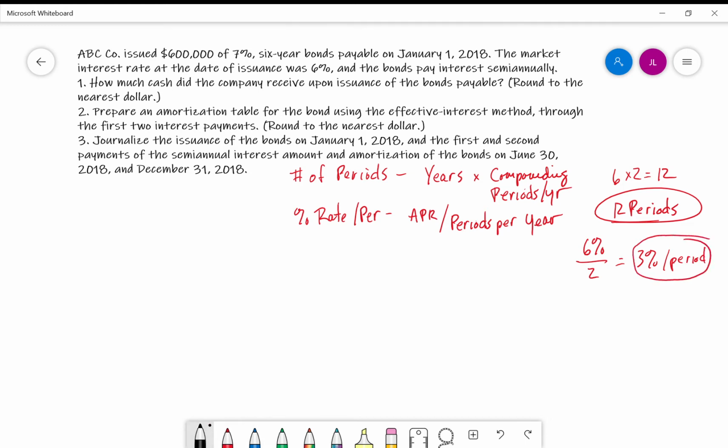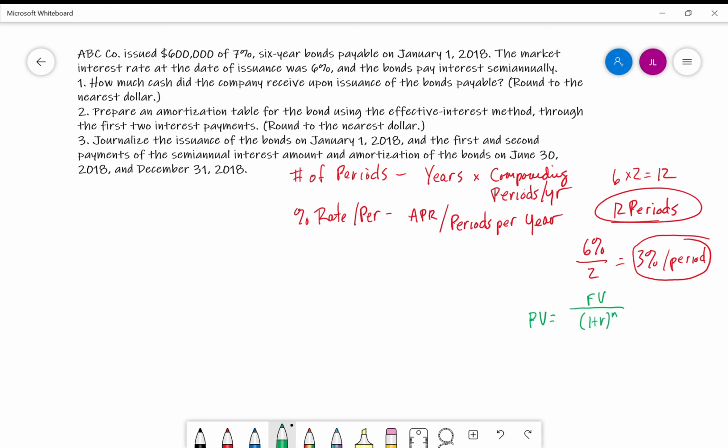Now, number one says how much cash did the company receive upon issuance of bonds? And the way I'm going to work this out, I'm going to use the formula. We'll use green on this. Remember, for a present value, that's equal to the future value over 1 plus the interest rate to the number of periods.